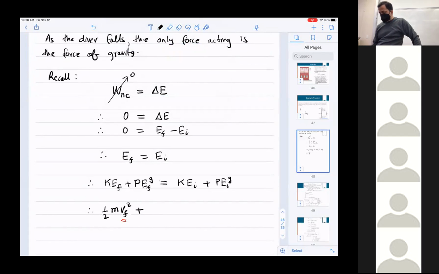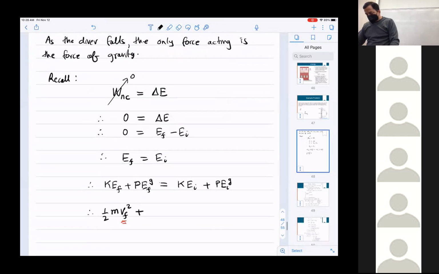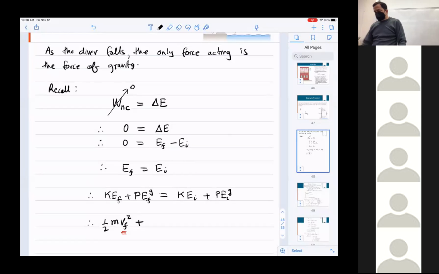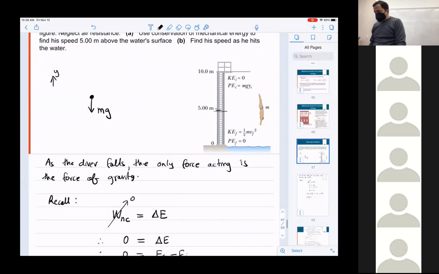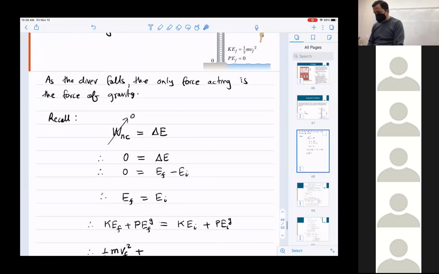And then I have here plus the gravitational potential energy. What is the gravitational potential energy? Well, the diver was initially over here at some initial height. Let's call that y initial, which was 10 meters.